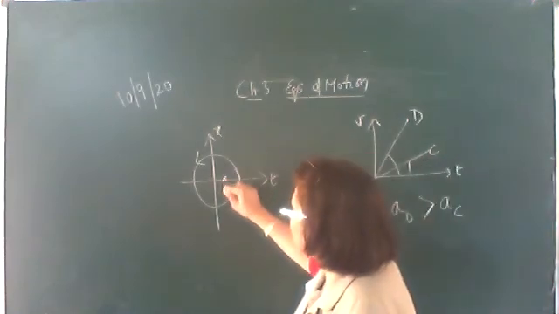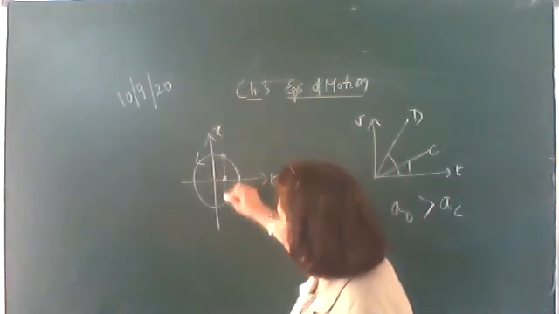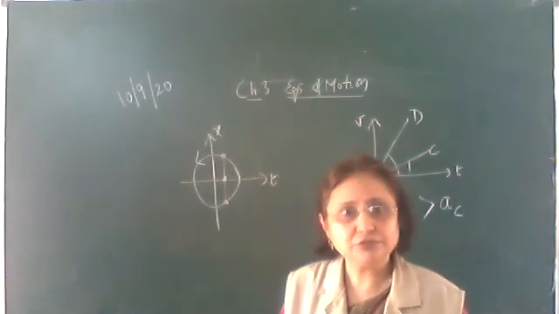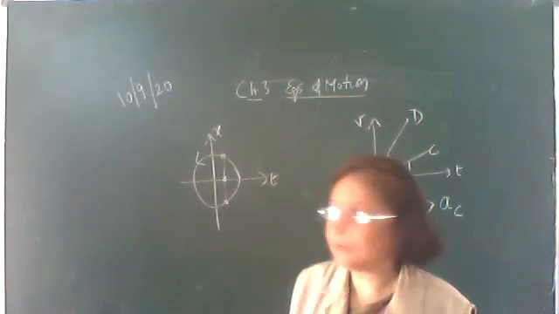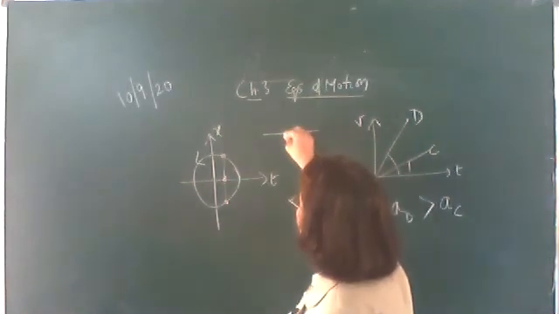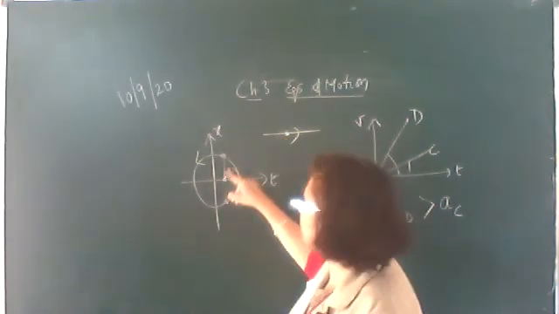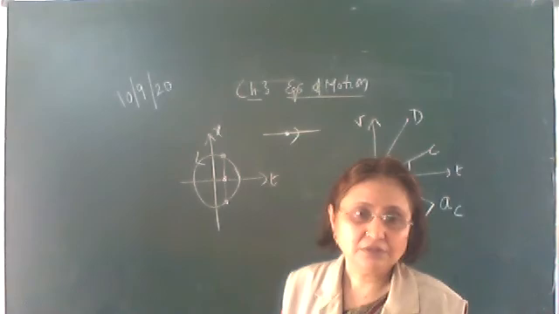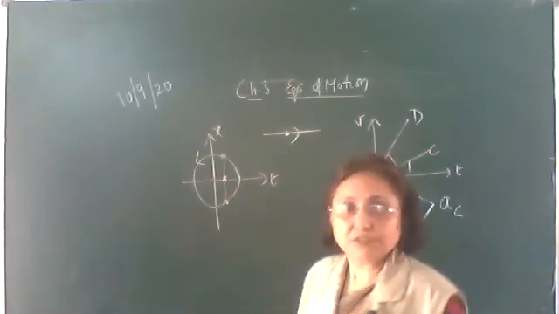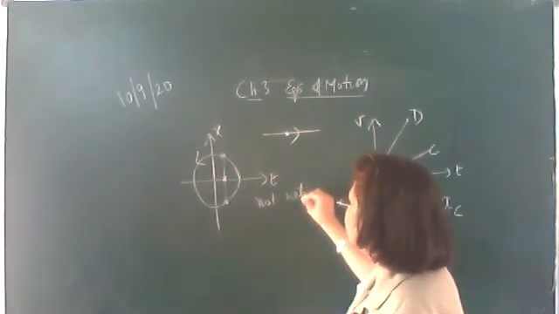But here you see that at this particular time, it is having this position also, this position also. Is it possible for 1D motion? If the particle is moving in a straight line, at an instant of time it will have a single position. But here at this time, we see that there are two positions. Okay, so this is not representing 1D motion.